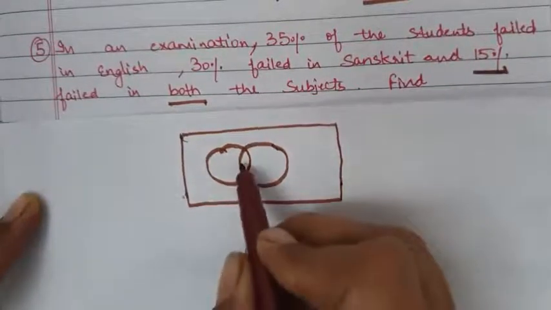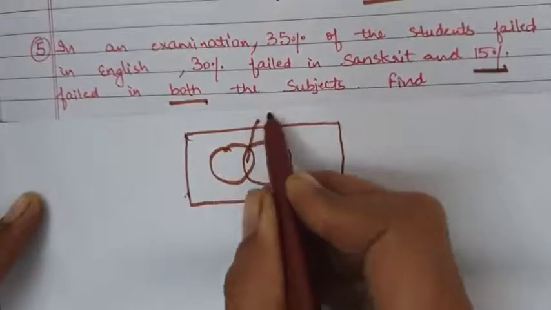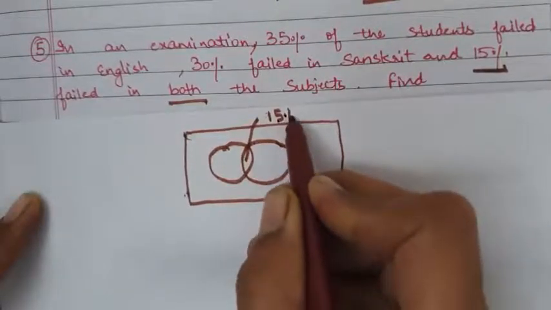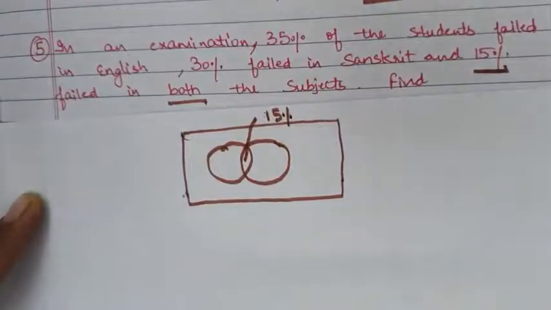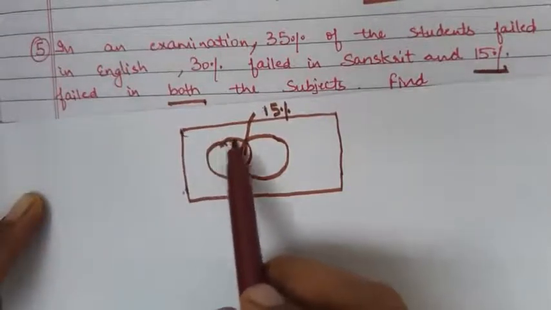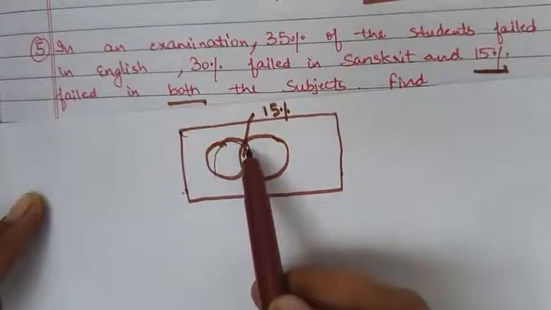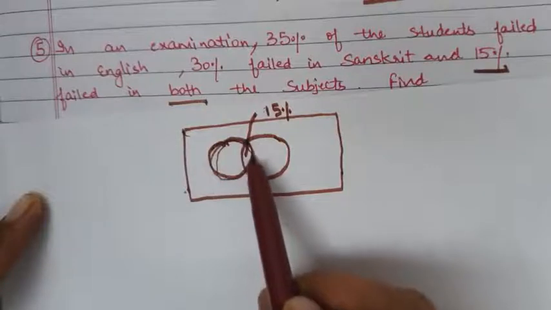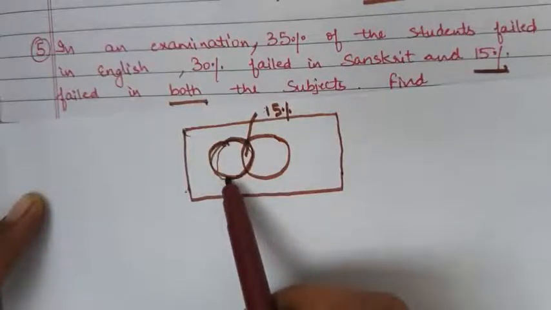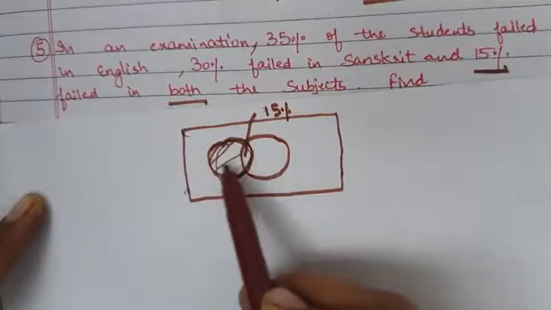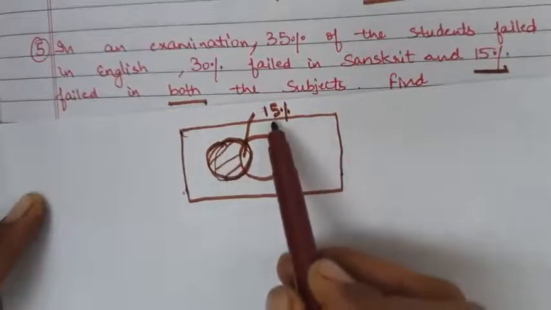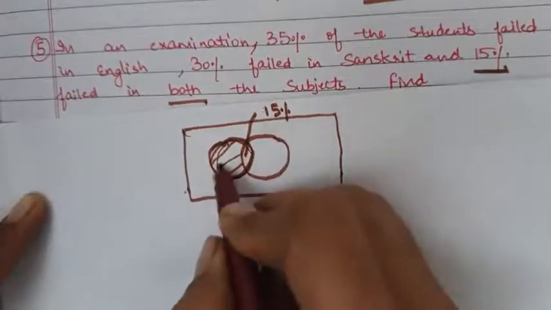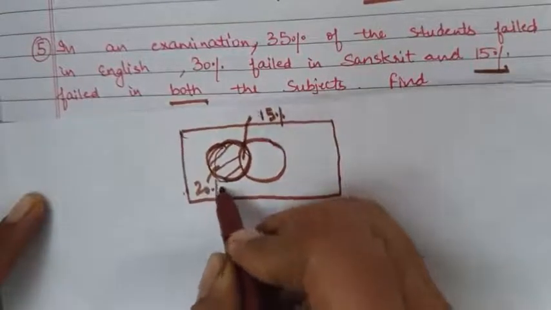Now we know this is 15%, the students who failed in both the subjects. Now 35% of the students failed in English. English means this is the 35%. But if I have to find out only English, then 35 minus 15, this will be 20%.